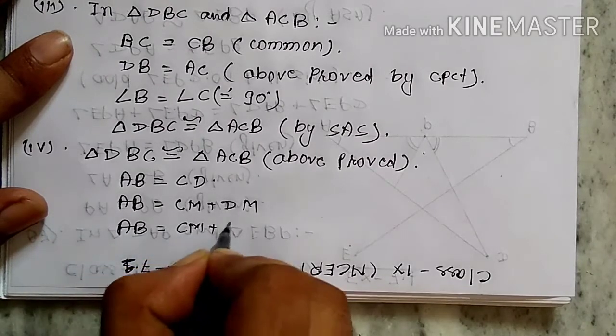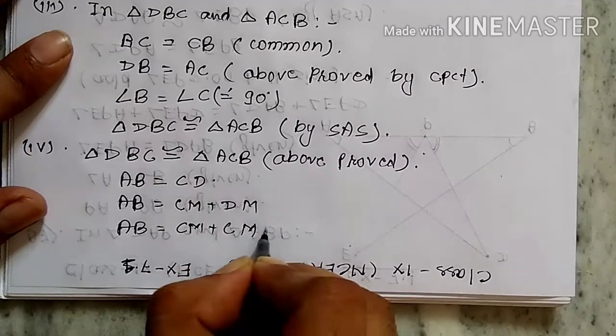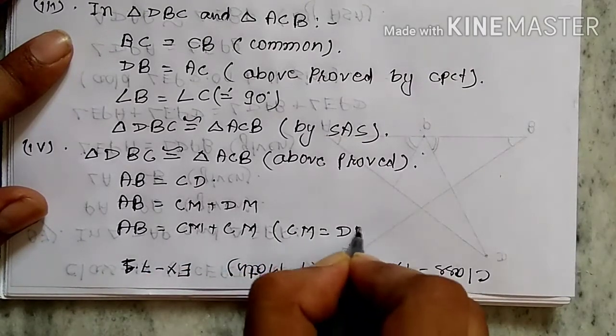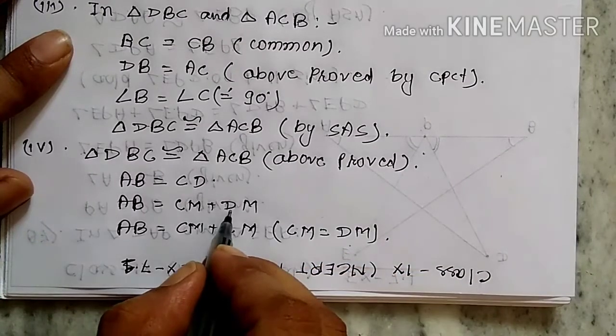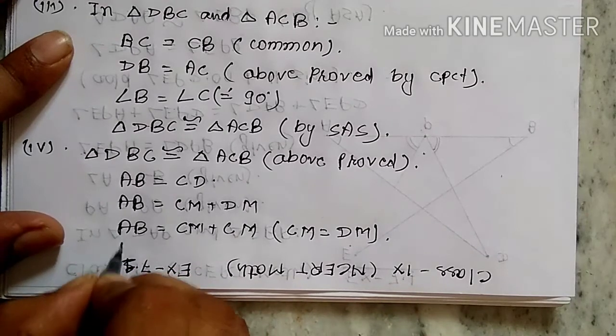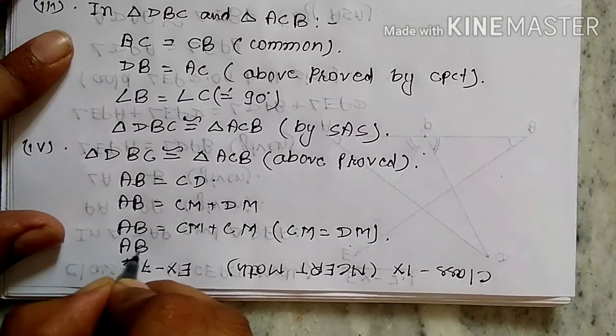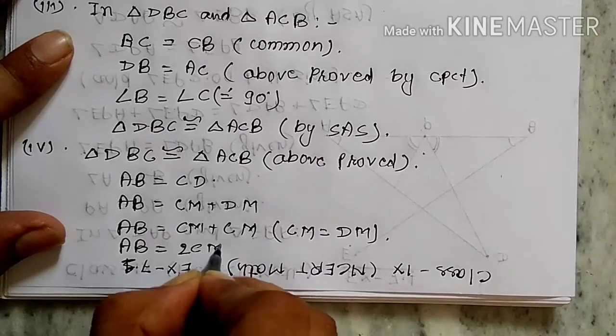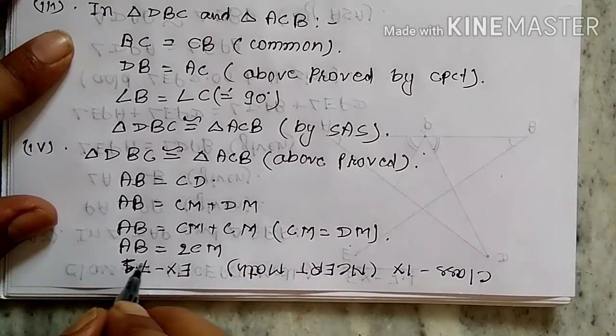In place of DM we write CM because CM is equal to DM. Now AB is equal to CM plus CM, which is 2CM.